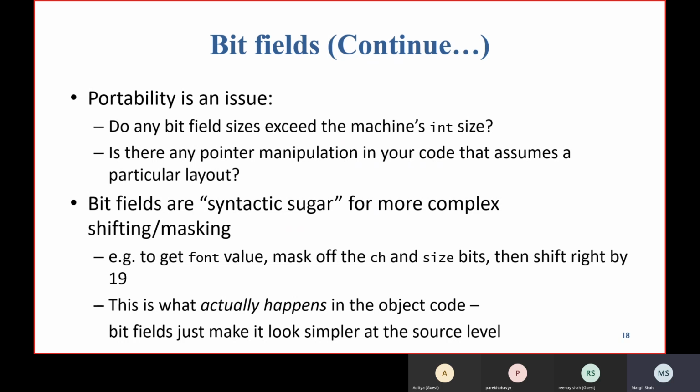To get a font value, mask off ch and size bits, then shift right by 19. This is what actually happens in the object code. Bit fields just make it look simpler at the source level. So these things are possible, because if we are applying such shifting and masking, of course it may override the existing ones and change the value too, right?